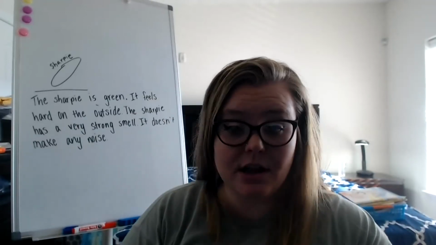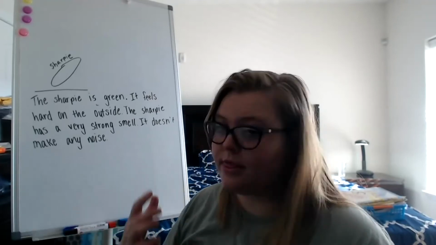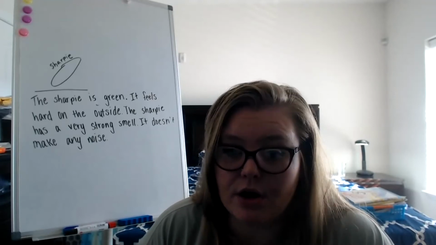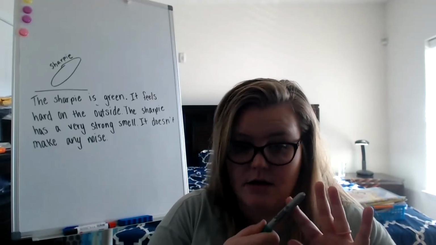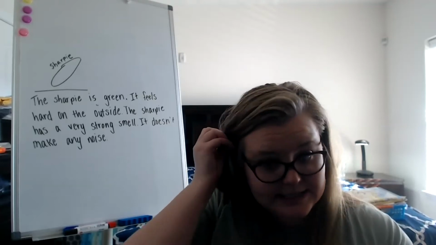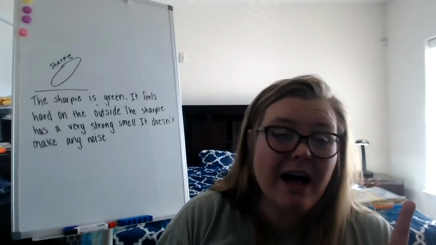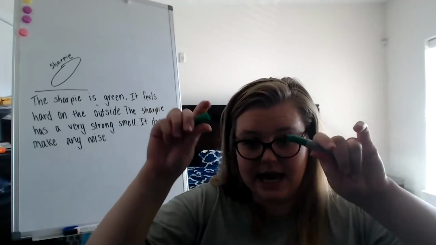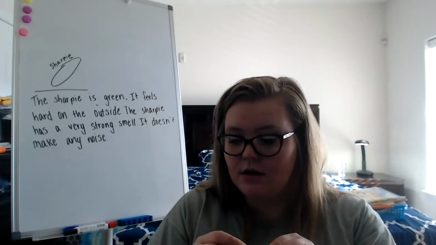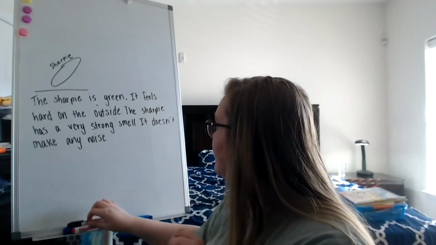So as you can see, there's a lot of things that you could say just about one thing. So for the Sharpie, I said the Sharpie is green. It feels hard on the outside. The Sharpie has a very strong smell. It doesn't make any noise. Well, actually, I could say when you take the cap off, it makes kind of like a snap noise. So I could write that.